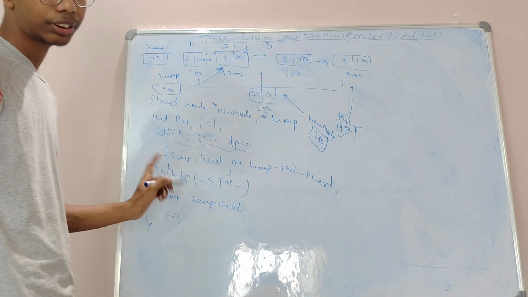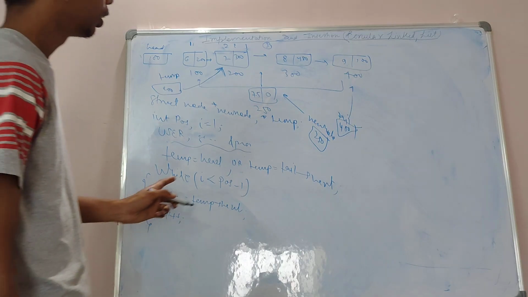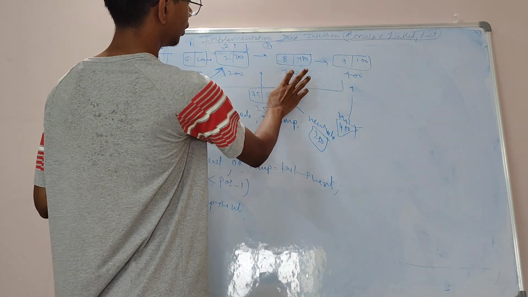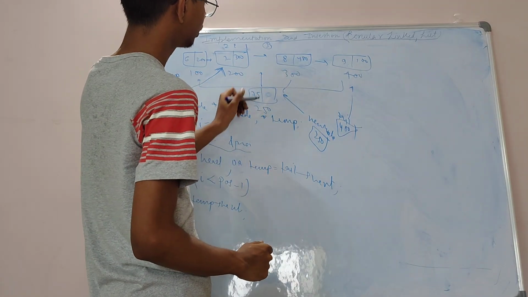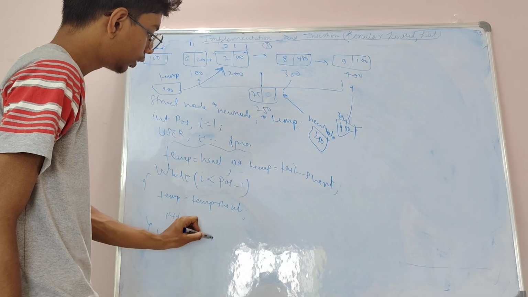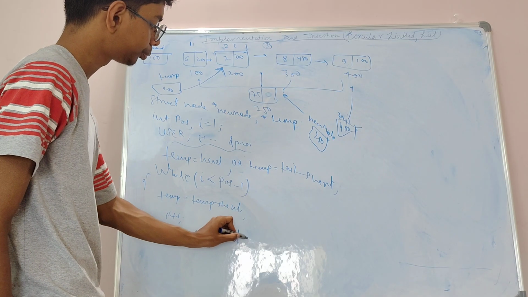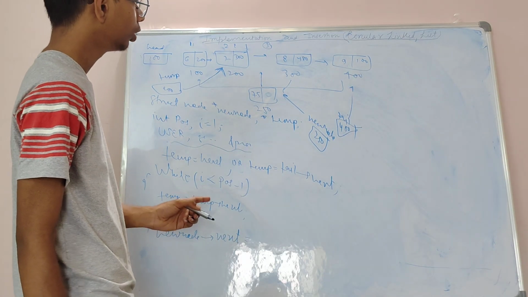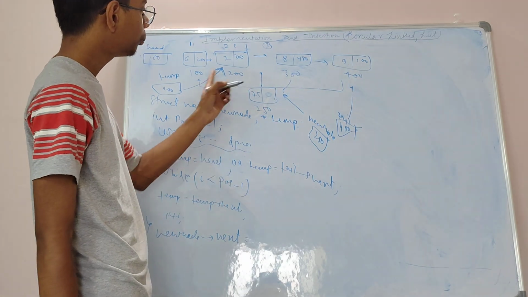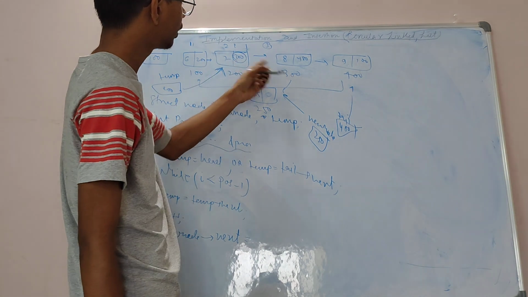Now here comes the crucial part. The new node's next part will be 300, so new node next will be temp of next, because this is also 300.